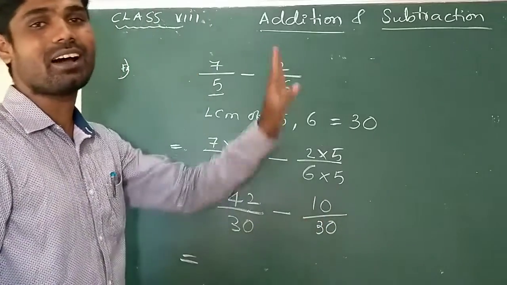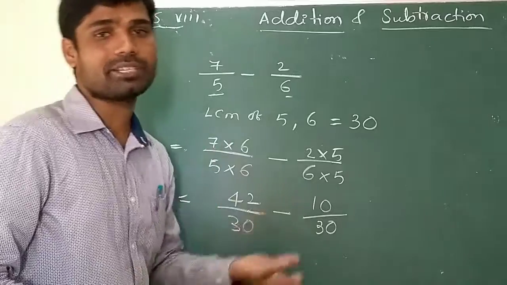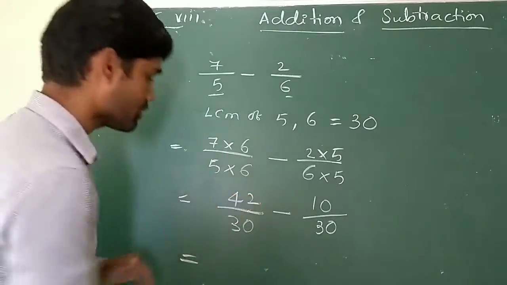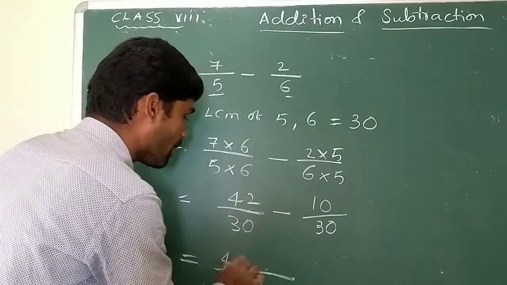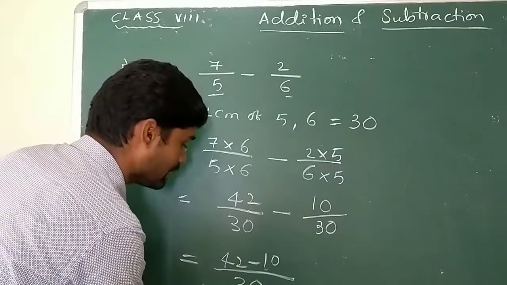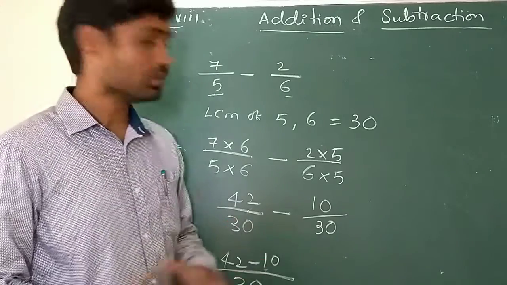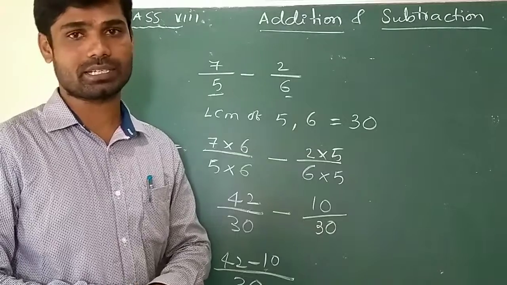Now you can see they are like fractions, so we can do addition, subtraction or comparison easily. Now subtraction: the common denominator is 30, and 42 minus 10 is 32, so 32 by 30. We can simplify there. This is the way we can subtract unlike fractions.